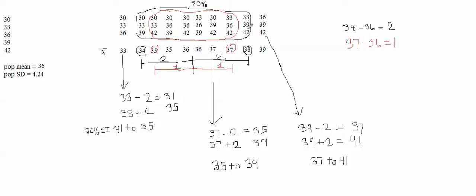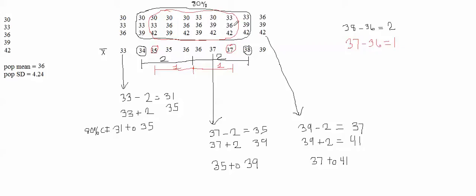So remember that the black circle is the middle 80%, and 38 was at the upper end of that circle. So to get the 80% margin of error, we subtracted this number, 38, at this outer edge by 36. The red circle is the middle 60%, and 37 is at the upper edge of that circle.